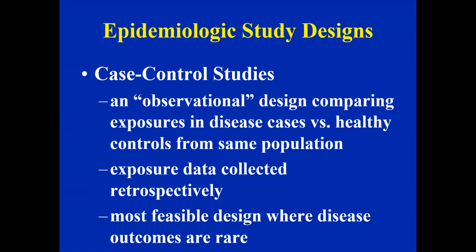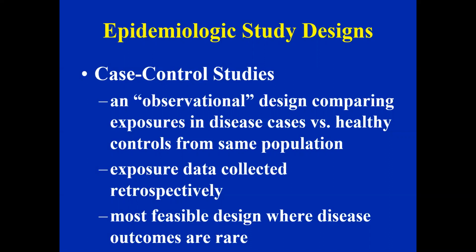Now we'll be discussing the case control study, which is a type of observational study design. A case control study is an observational design comparing exposures in disease cases versus healthy controls from the same population.